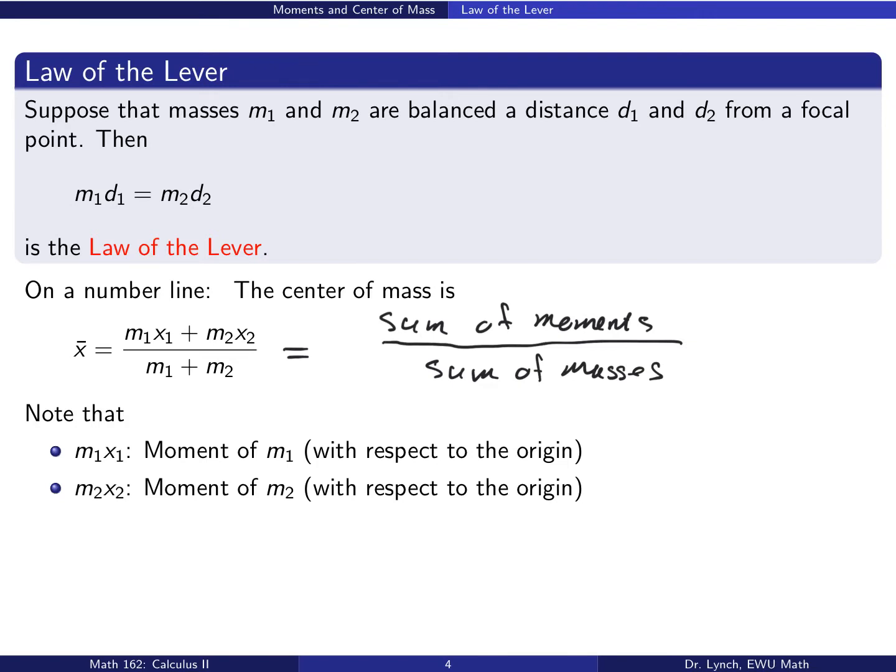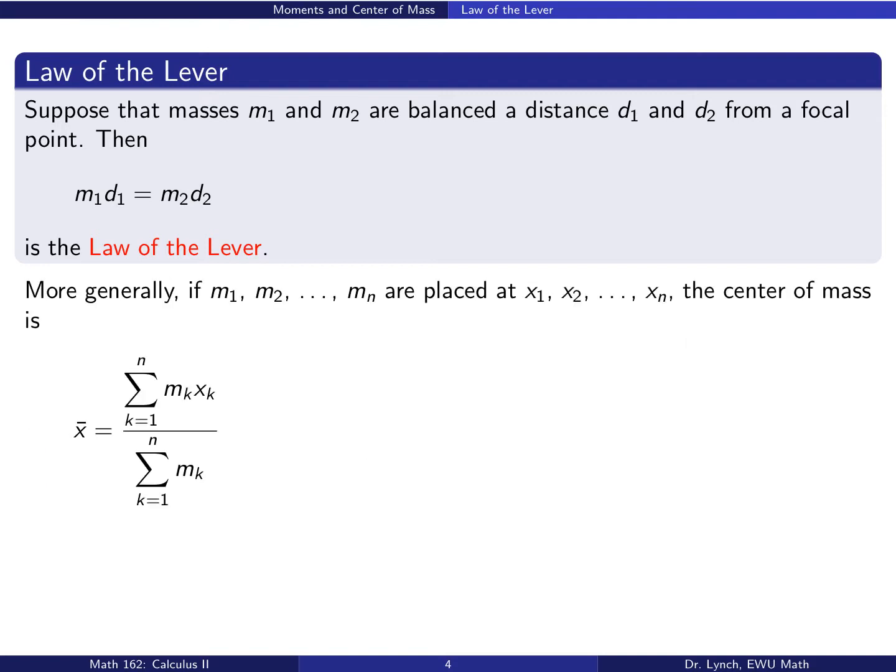Now, this idea generalizes to placing a whole bunch of masses along the number line. So if we place mass 1, mass 2 out to mass n at positions x1, x2 out to xn, the center of mass is still the sum of the moments divided by the sum of the masses.